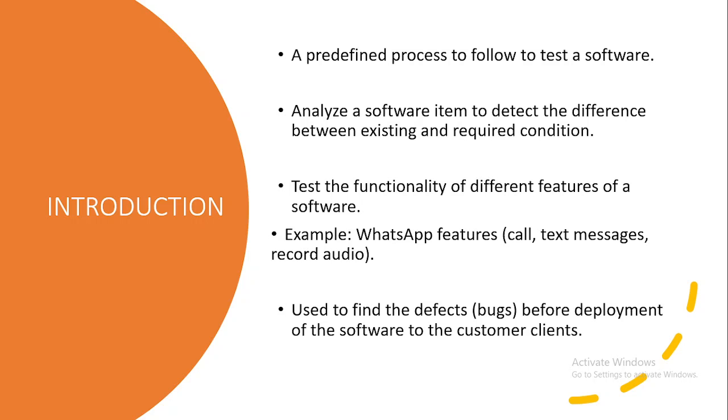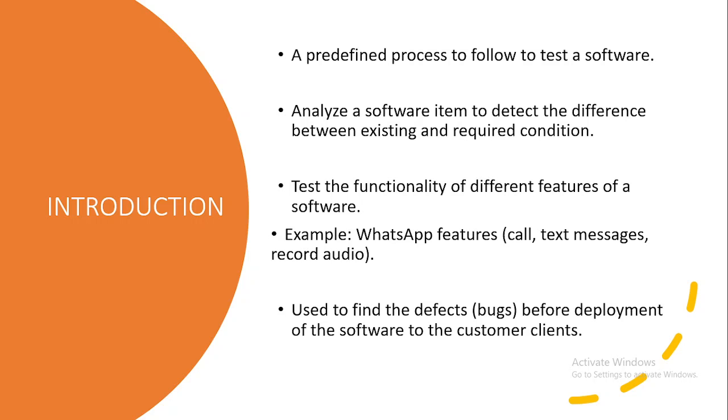So what do we mean by existing and required condition? Existing conditions are the ones when the developers make the software and it is passed to the software testing team, so it's in the existing condition. And what is required by the customer, that is the required condition.